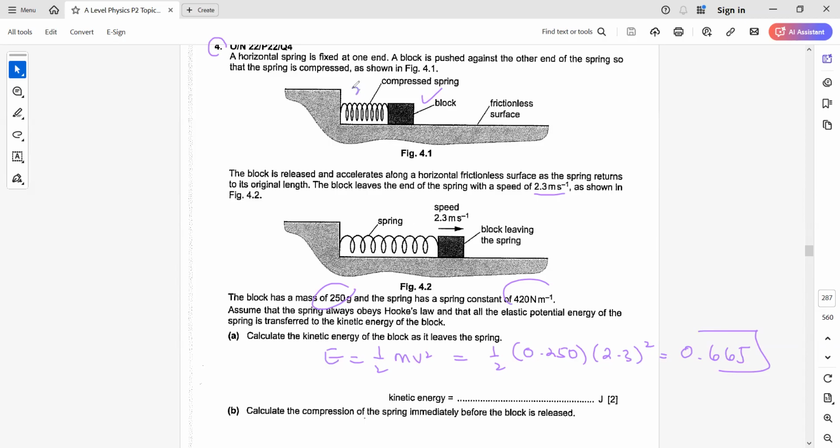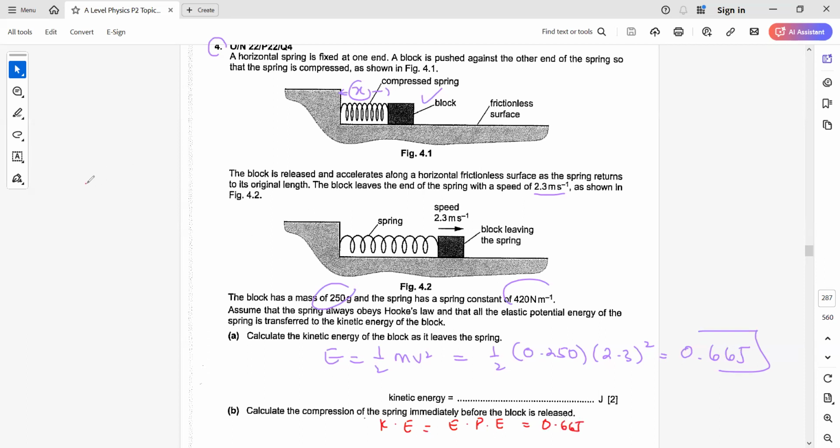Now, calculate the compression of the spring immediately before the block is released. Okay, so we have to find this compression. Say we have a spring constant and we have the EPE. The kinetic energy here is basically because of the elastic potential energy stored in the spring. So if you apply the law of conservation of energy, we can just write that kinetic energy is due to EPE, right? So EPE is going to be 0.66 joules.